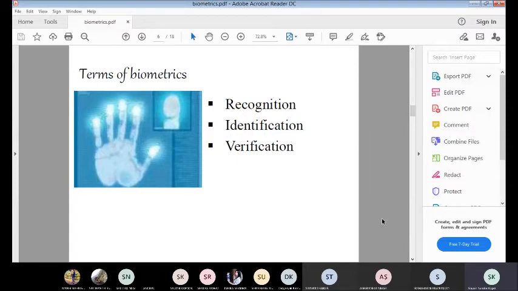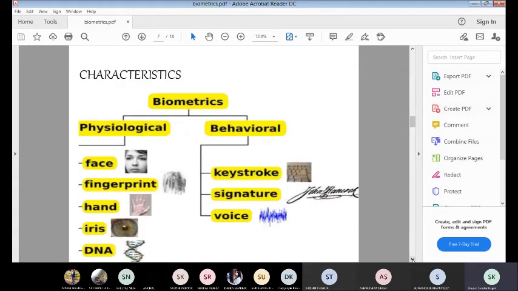If you are using face recognition on your smartphone, first you have to register the first time. Then whenever you open your phone, it takes a picture of your face and matches it with the pictures taken at the time of registration.